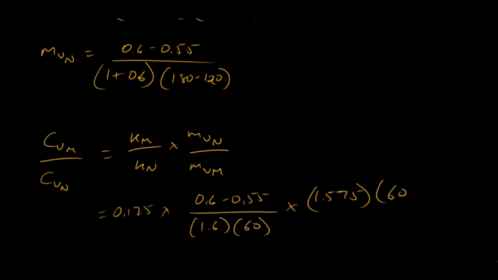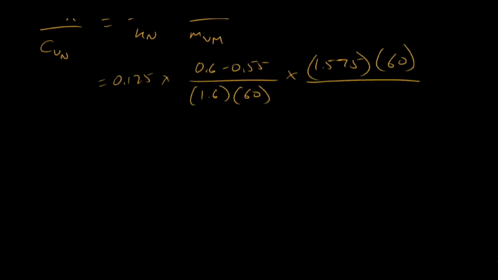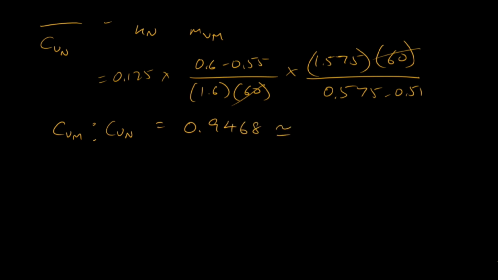I am directly writing with the cross multiplication form, divided by 0.575 minus 0.510. So by solving this, we will get CV of m to CV of n will be equal to 0.9468, which is 0.947 or 0.95.